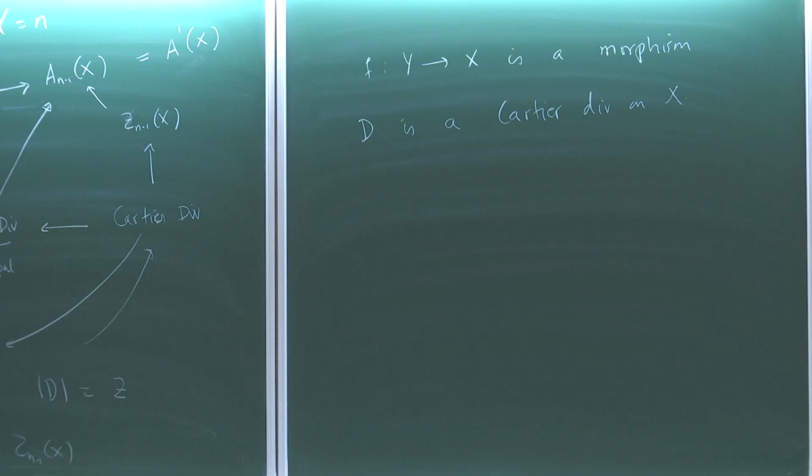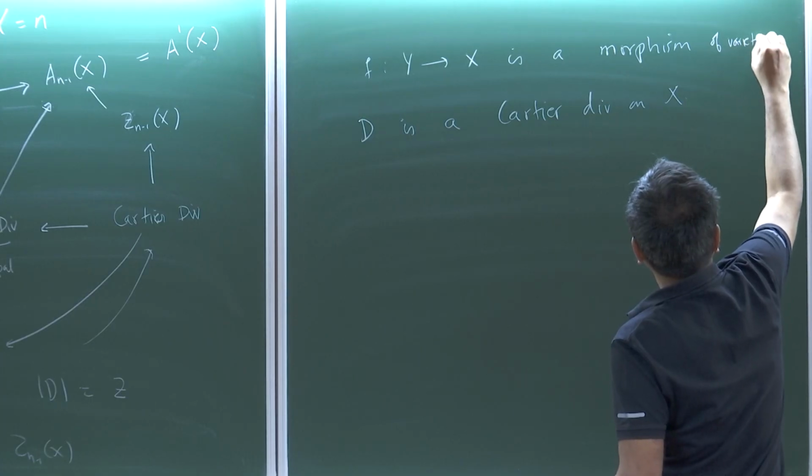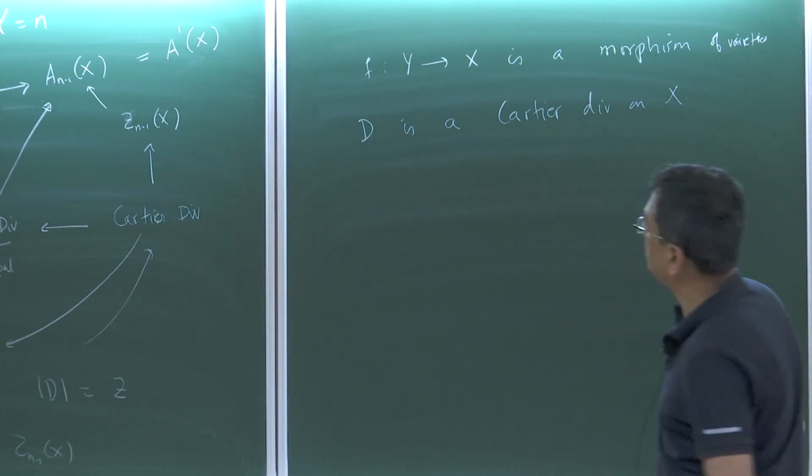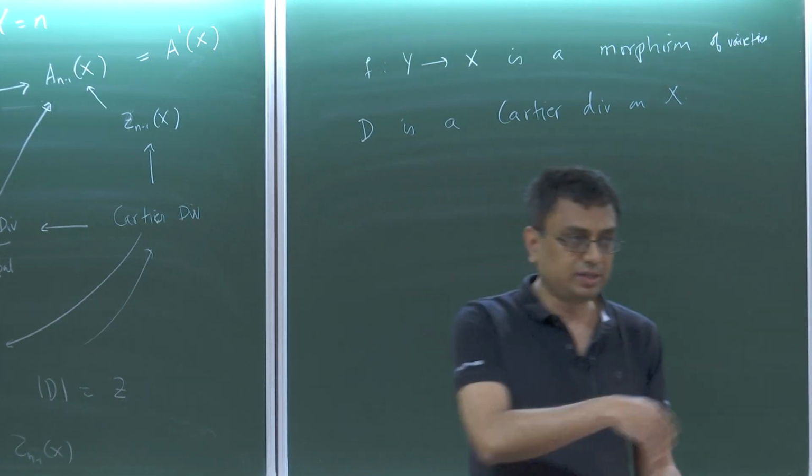So I have the function field of X. So again, this is a morphism of varieties. All my schemes will be varieties unless otherwise mentioned. So if I have a dominant morphism of varieties, then the function field of X injects into the function field of Y. Otherwise, I don't even have a map.